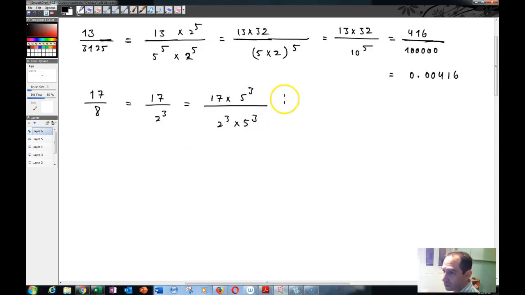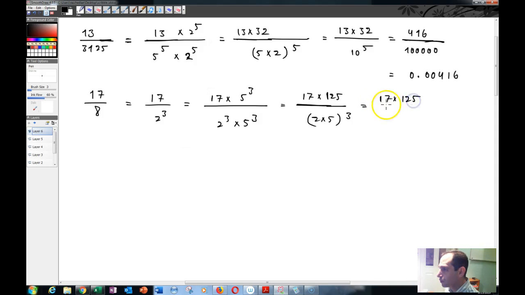And then 5 cube is equal to 125, so 17 into 125 over 2 times 5 whole cube, which is equal to 17 times 125 over 10 cube, which is 17 times 125 over 1,000.